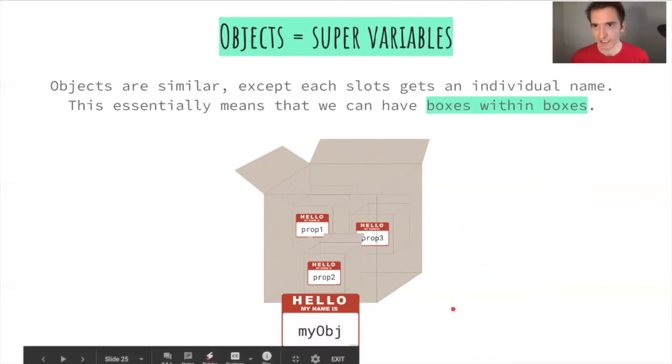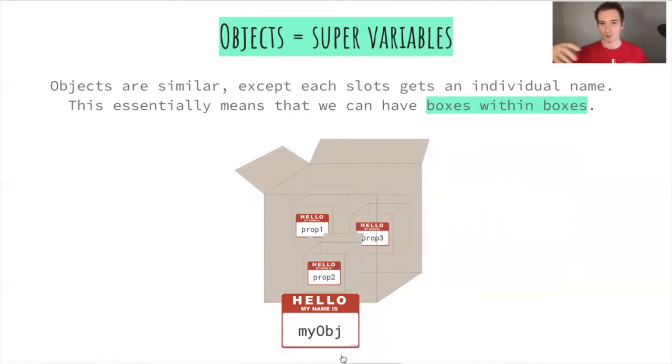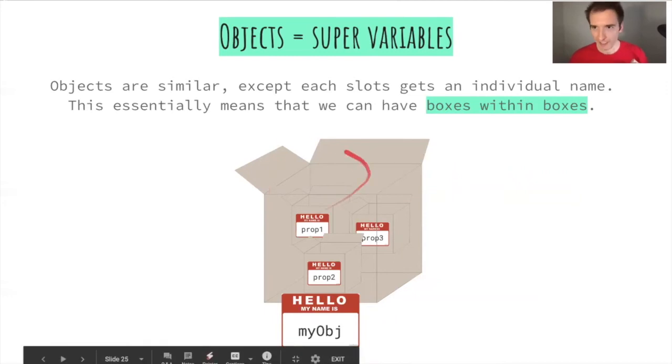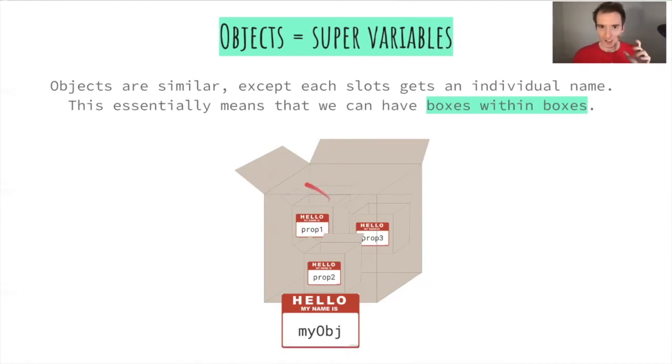So here we're saying, okay, we have the box as a whole, the object as a whole, we're calling my object. We have a variable that we're putting an object in, and we're just sort of writing the name tag on front of the box. And then we can put stuff into the box. What we're putting inside of an object is sort of like more variables, more boxes inside of the box.